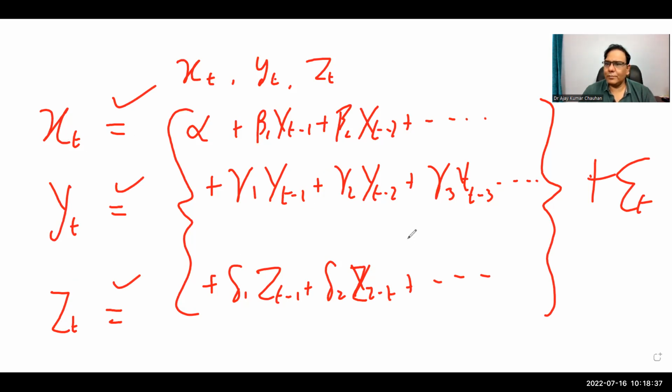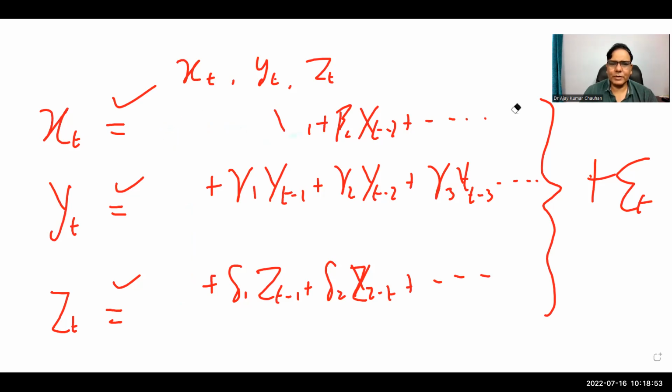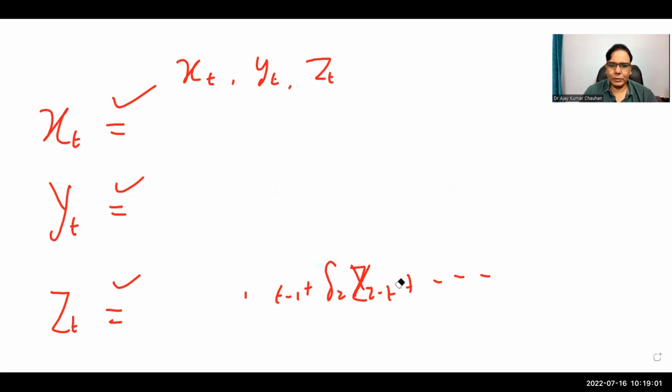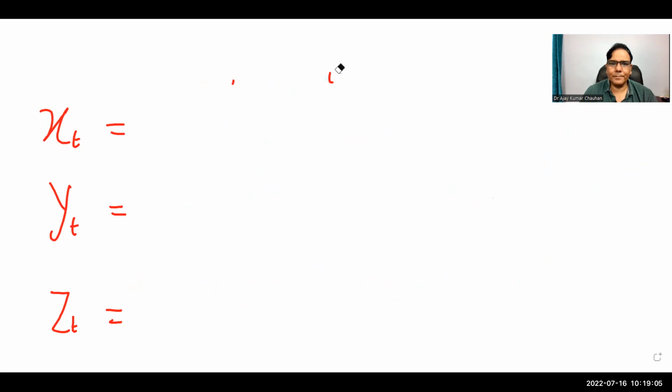The right hand side of all the equations is similar, and we can put this system in the format of matrix algebra. How do we write the matrix algebra? I am just showing you. It is not very difficult. First of all, let me write all the three equations separately.